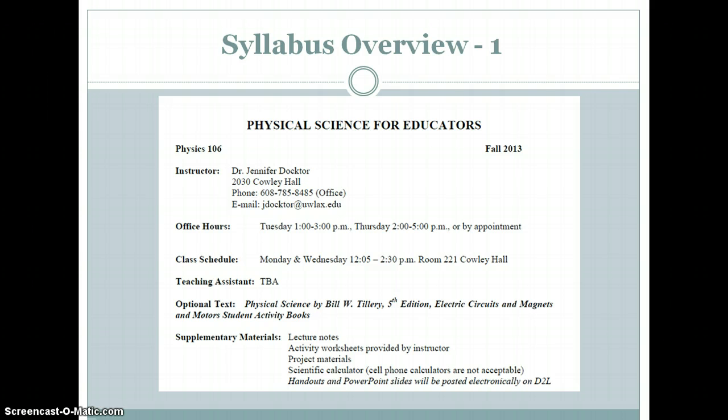What makes this class distinctly different from other science classes you may have taken on campus is that it's been specially designed for you, for future teachers of elementary and middle school students. So many of the activities and the demonstrations we'll do can be adapted to be used with younger children. And in fact, the electric circuits unit that we do is the exact same one that they do in 4th grade over at Emerson Elementary School.